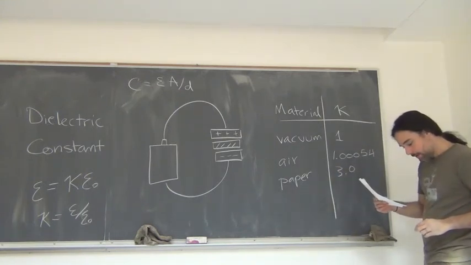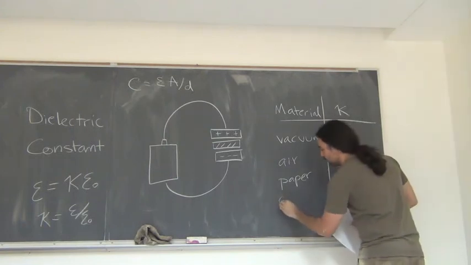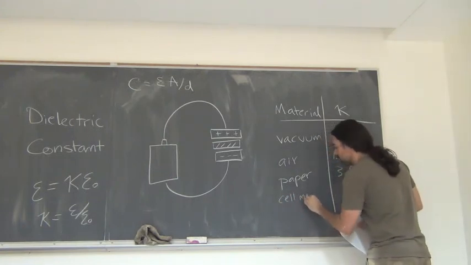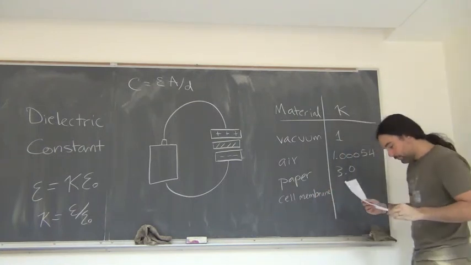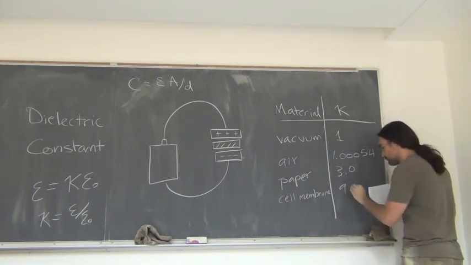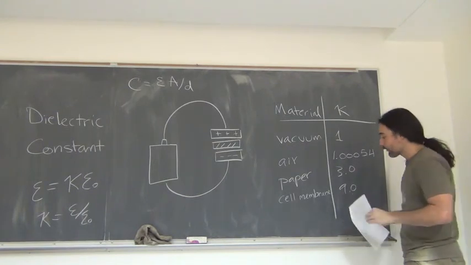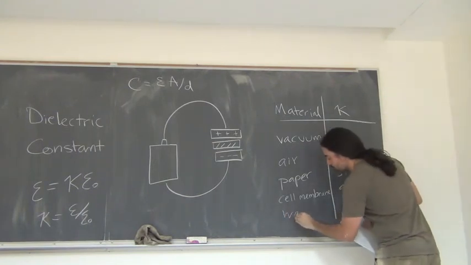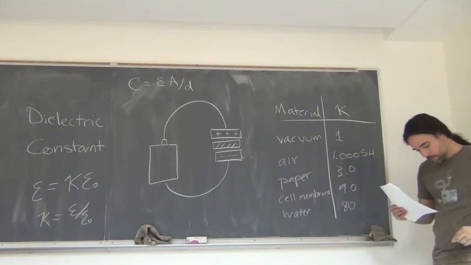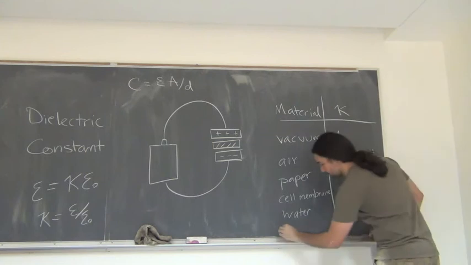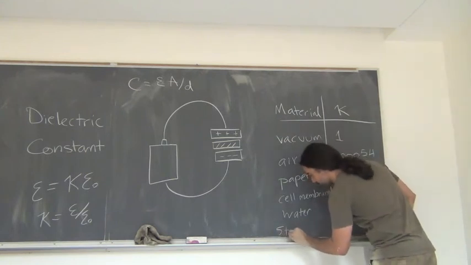For a cell membrane, it's about 9.0. For water, it jumps up quite a bit. It's about 80. Here's a number I got from the book, strontium titanate.